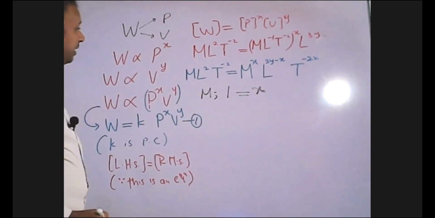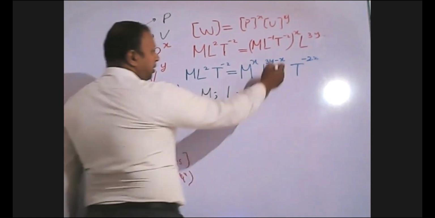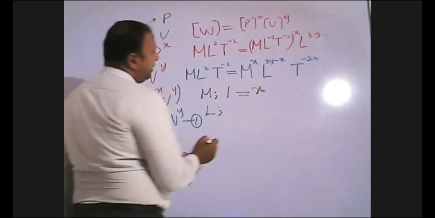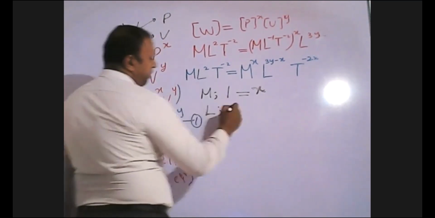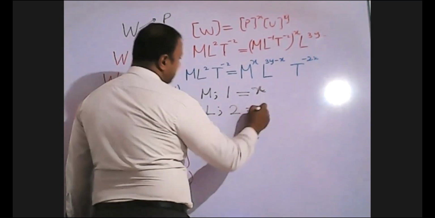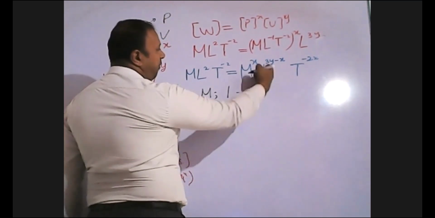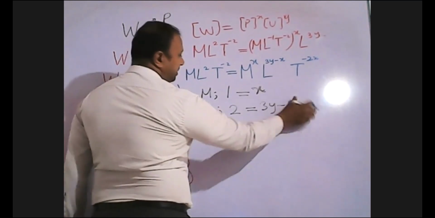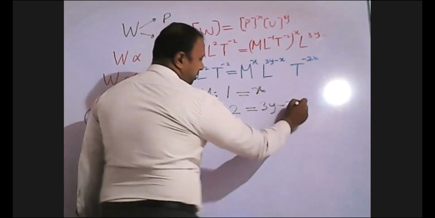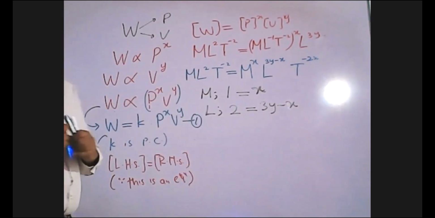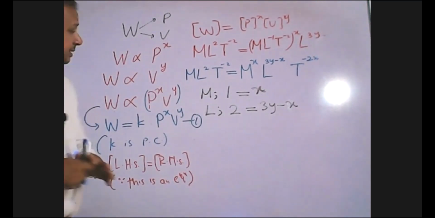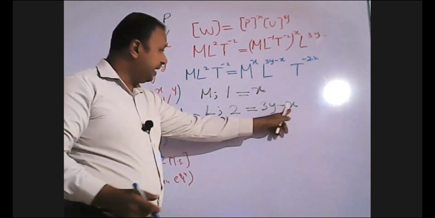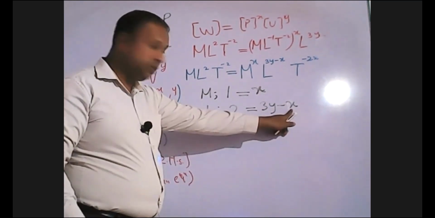Then if you want to find Y, you have to equate the power of L. Power of L on the LHS is 2. On the right hand side, power of L is 3y minus X. Substitute the value of X here, X is equal to 1, so this is minus 1.